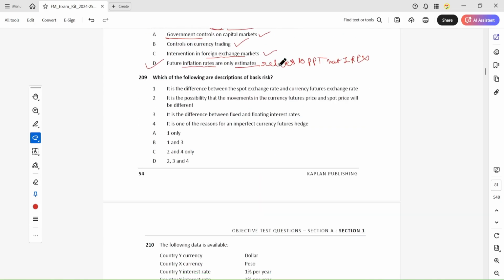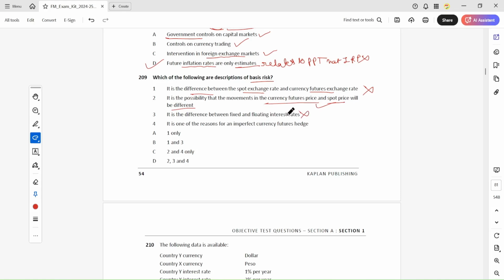Which of the following are descriptions of basis risk? Is it the difference between spot and future exchange rate? No, this is not it. It is the possibility that movement in the exchange future price and spot price are different. Yes, this is right. Is it the difference between fixed and floating interest rate?